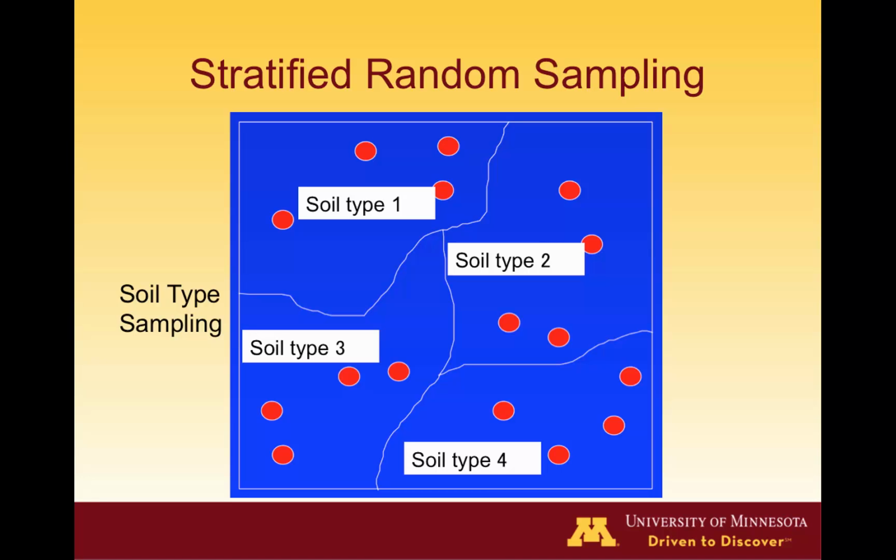In each soil type, you collect multiple samples randomly or by some kind of scheme, target every single soil type with those samples, and analyze them independently. In the end, you will get different recommendations for different soil types based on your soil sampling result.